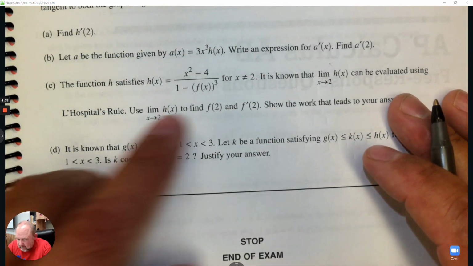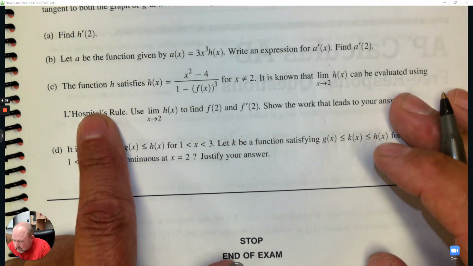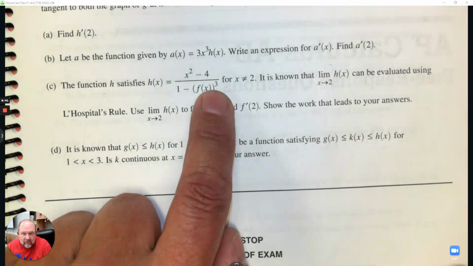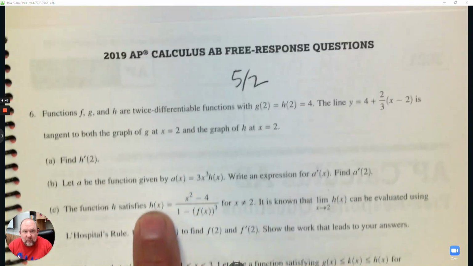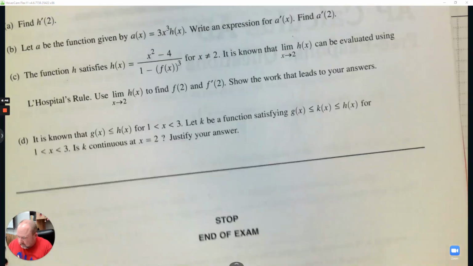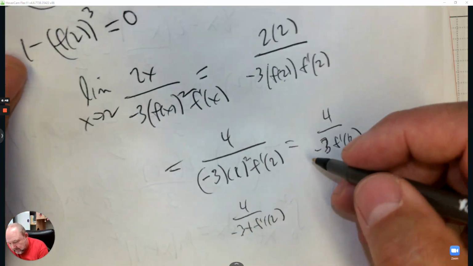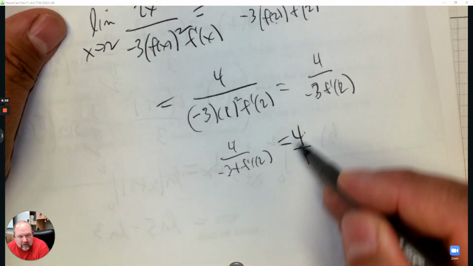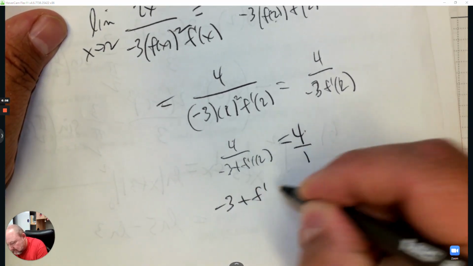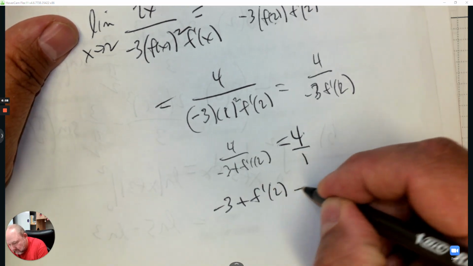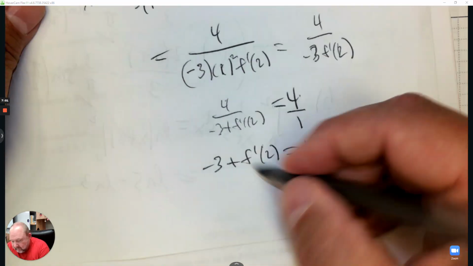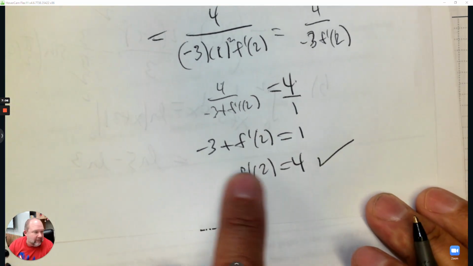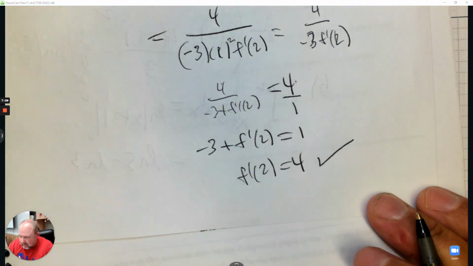We know that when we plug in 2, so h at x equals this, we know that when we plug in h at 2, the answer is 4. Oh, there we go. I needed something. So there's the something I needed. So we're going to make it equal to 4. Notice both have a 4 in the numerator, so I can just take the denominator and then solve it. So add 3 to the other side, and I get the derivative at 2 is equal to 4.